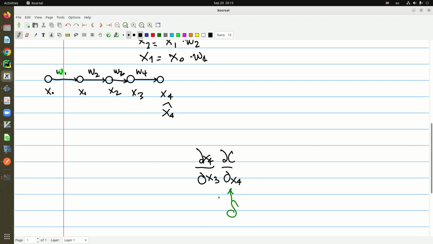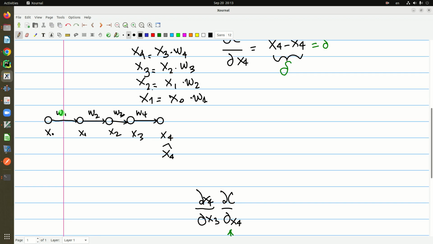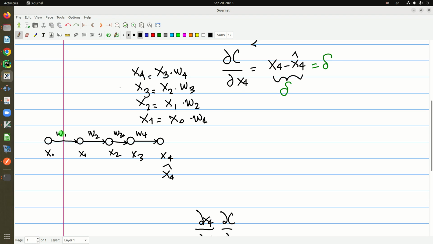Can we calculate this? Yes, we can, because from this equation here, it is easy to see that the partial derivative of x4 over x3 is W4.